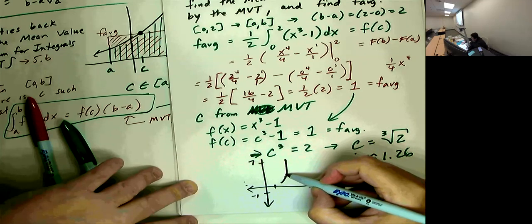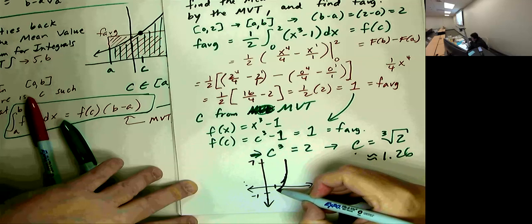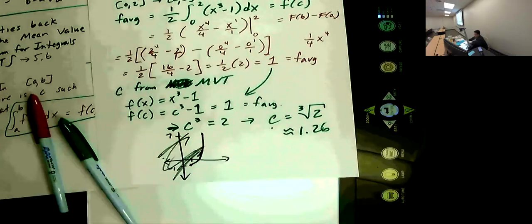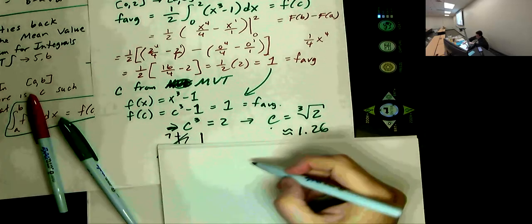Hold on, I'm doing this all wrong. That's not the graph. Let's try that graph again. It's just x cubed moved down 1.